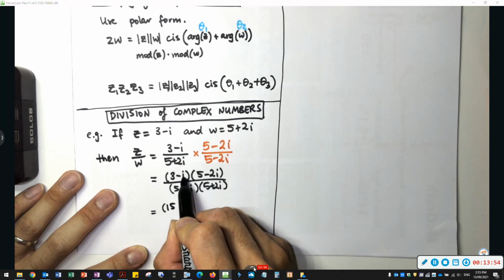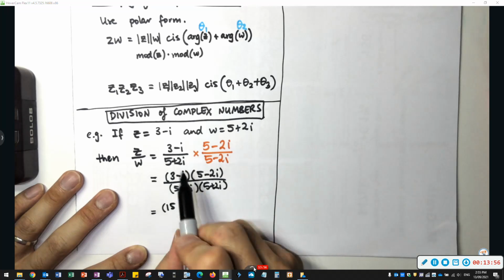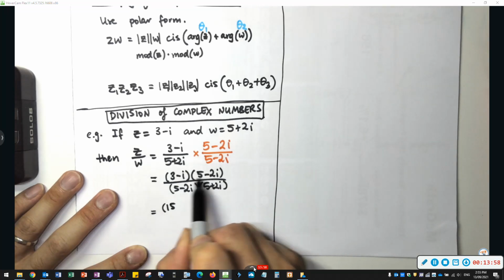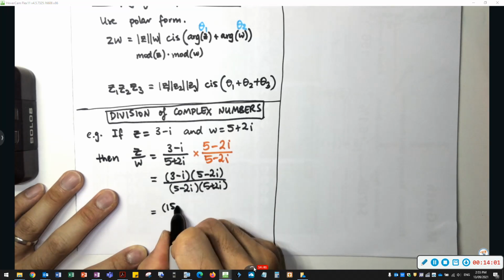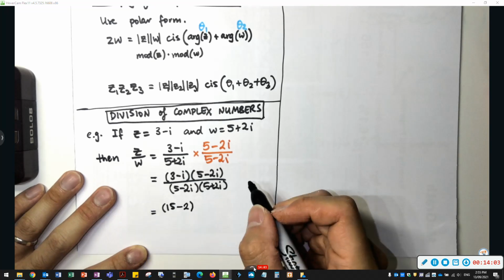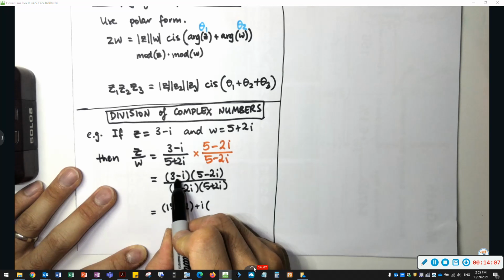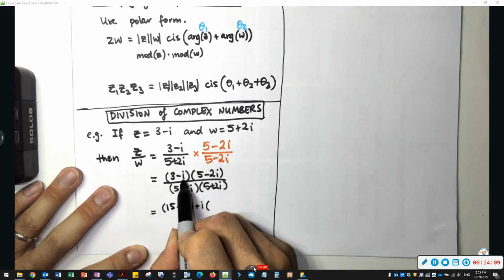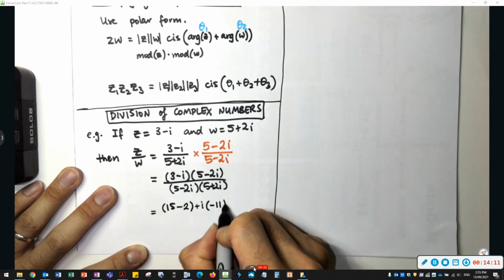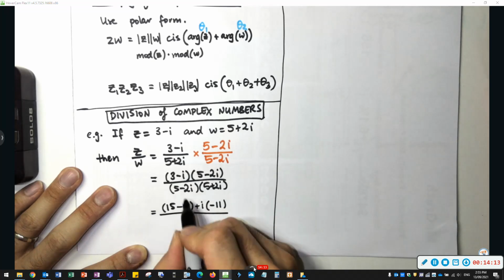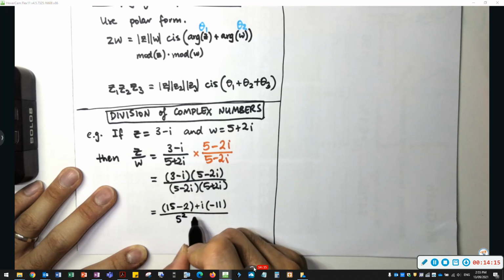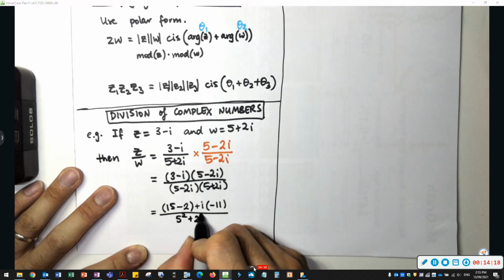I beg your pardon, it should be minus 2 because you're going to get plus 2i squared, which becomes minus 2. So that's the real part. The imaginary part is going to be negative 6 and negative 5, so negative 11. Okay, down here I'm going to get 5 squared plus 2 squared. Okay, remember that?